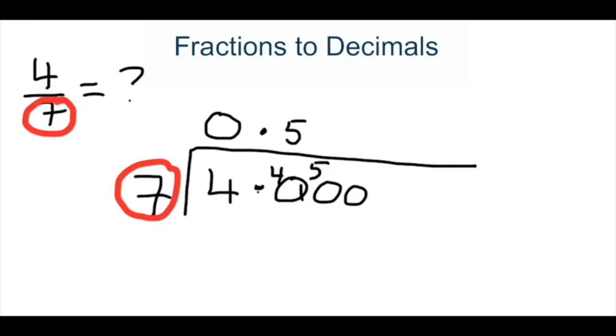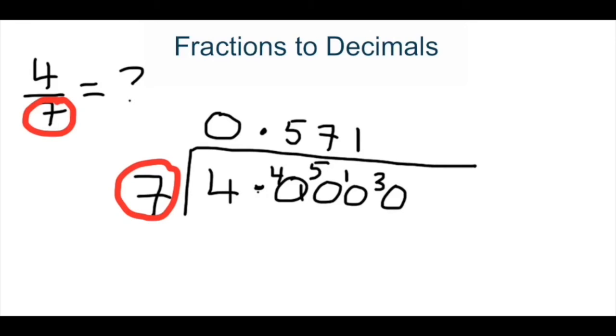And the closest one is 7 times 7 is 49, so we can put 7 up here. 49 is only 1 away from 50, so we put our 1 there. How many 7s go into 10? Our closest is 1 times 7, which is 7, so we put 1, and that's 3 away. 7 is 3 away from 10, so we add another 0 and put our 3 on it.